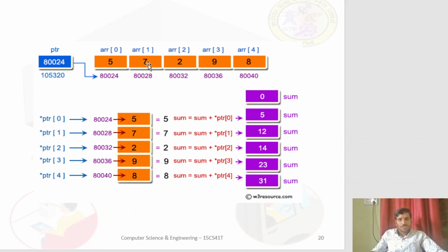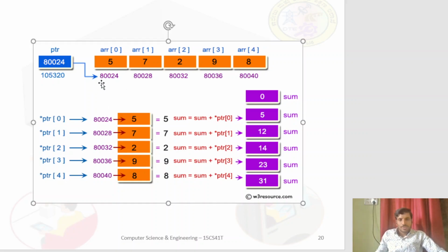Now let me show you how the array elements are represented in memory. My array is this one, whose elements are 5, 7, 2, 9, 8, with the base address 8024, then 28, 32, 36, 40.